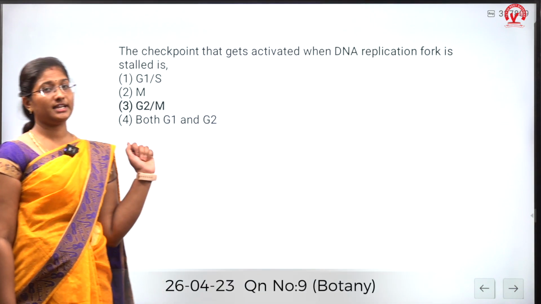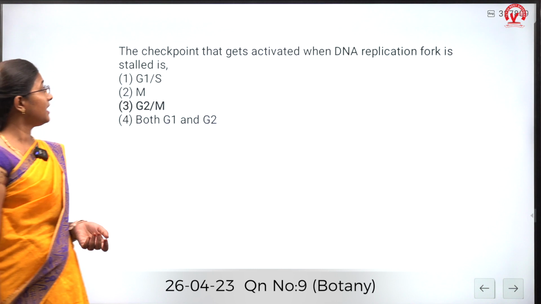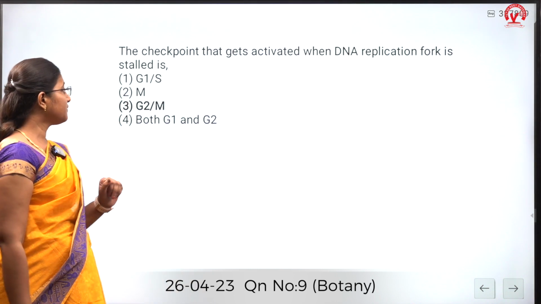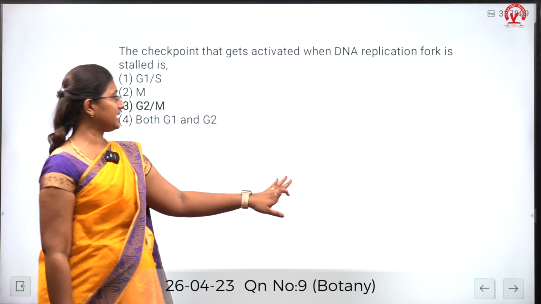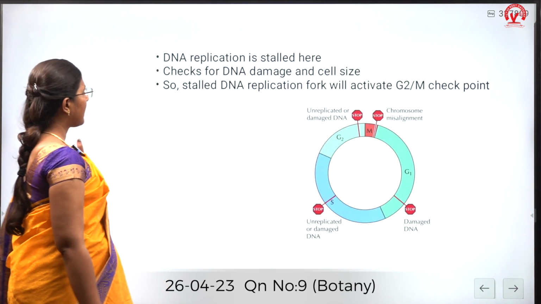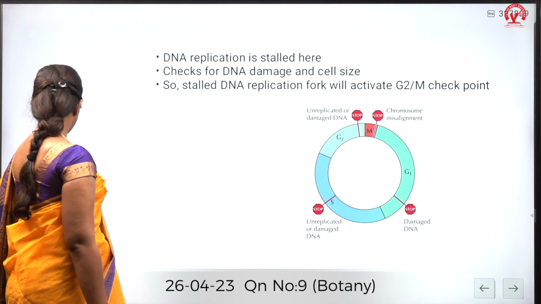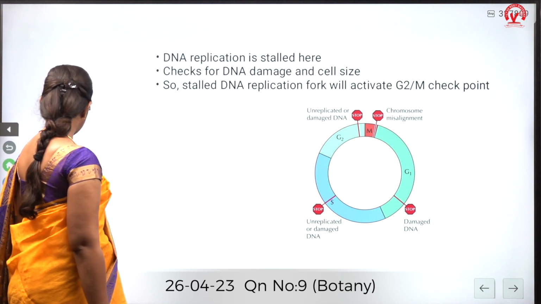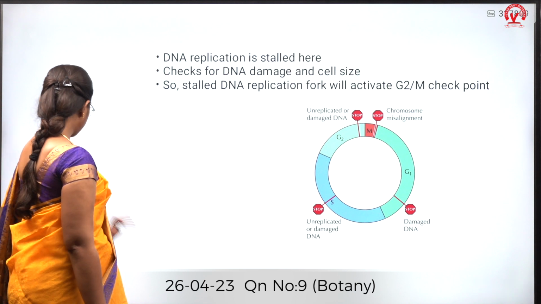The checkpoint that gets activated when the DNA replication fork is stalled. So we know in the cell cycle we have 3 checkpoints, right? And when the replication process is stopped, which checkpoint will get activated predominantly?